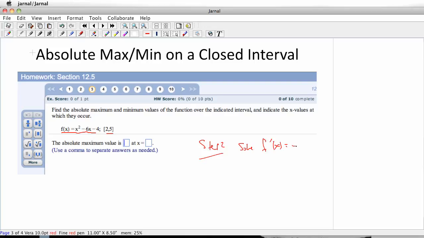To do that, we first have to find f prime of x. In this case, f prime of x is going to be 2x minus 6. That's just my derivative of the function. Set it equal to 0 and solve for x. In this case, x will be 3.